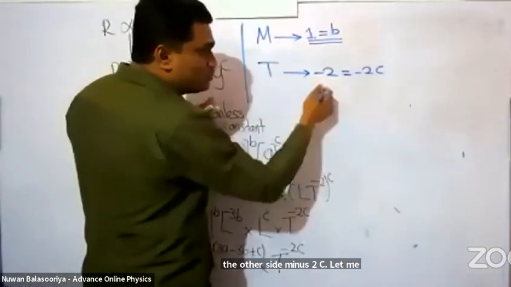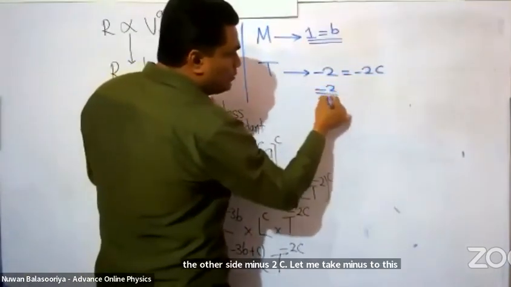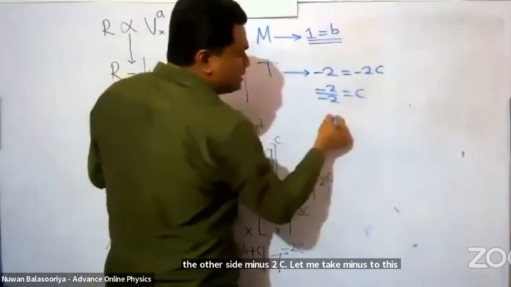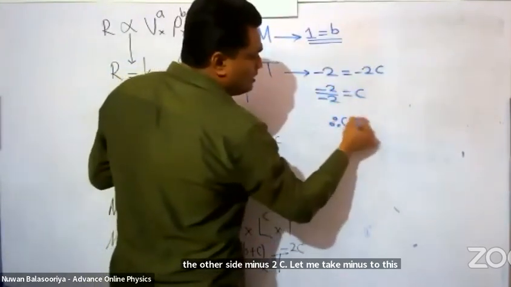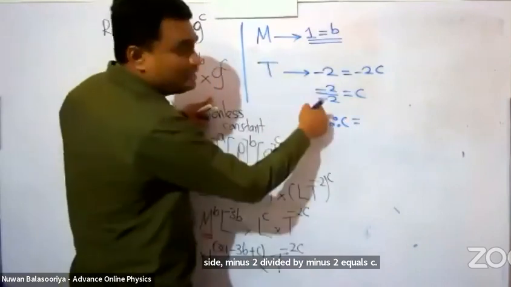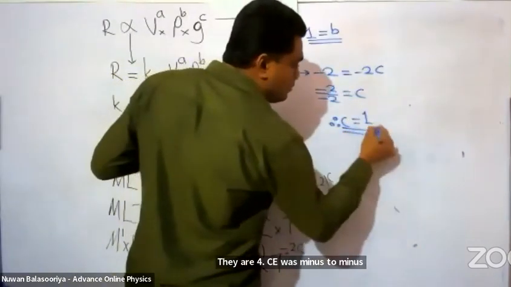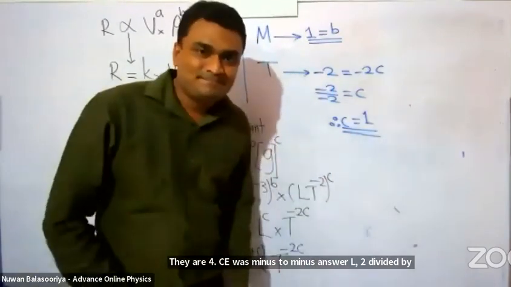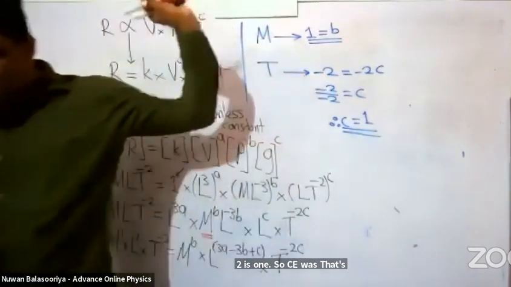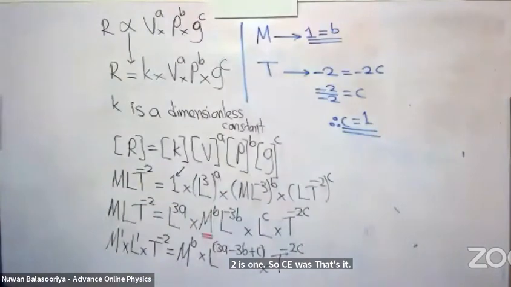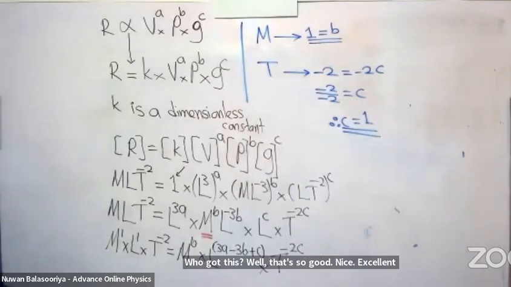Let me take minus 2 to this side: minus 2 divided by minus 2 equals C. The minus signs cancel out, 2 divided by 2 is 1. So C equals 1. That's it. Who got this answer also? C equals 1. Wow, that's so good. Excellent, superb.